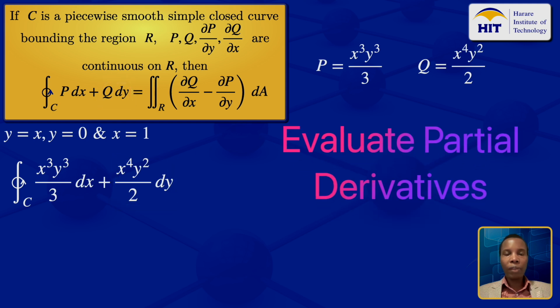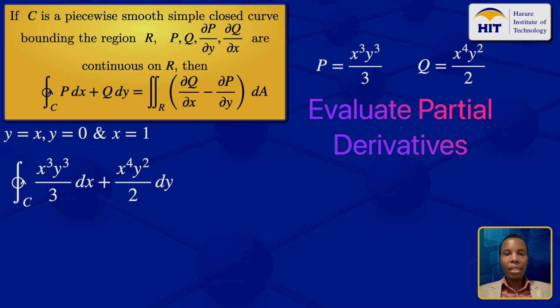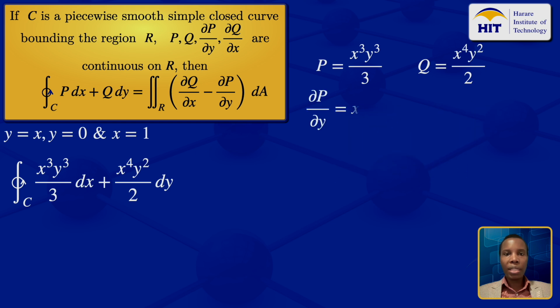We go on and evaluate the partial derivatives. The partial derivative of P with respect to y is equal to x cubed multiplied by y squared. The partial derivative of Q with respect to x is equal to 2x cubed multiplied by y squared. So those are the functions that we have.